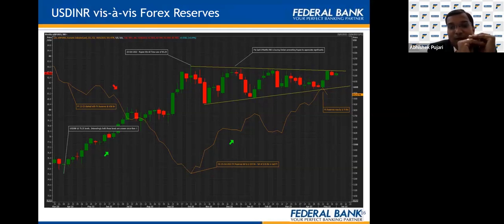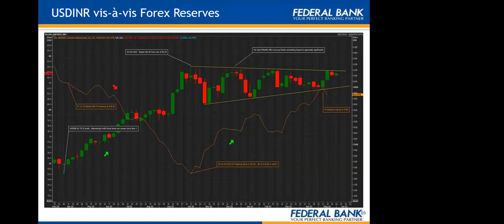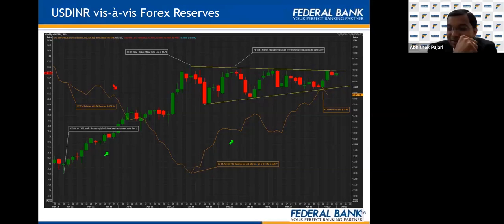For this breakout to happen, we need to see a lot of inflow from the FII community, which we are seeing for this entire month. May, after a long time, is quite positive on FII inflows. Along with that, we are having very good domestic inflows as well. Bank Nifty hitting an all-time high is a very good sign, and our view is positive on India, and you should definitely go long on Nifty.